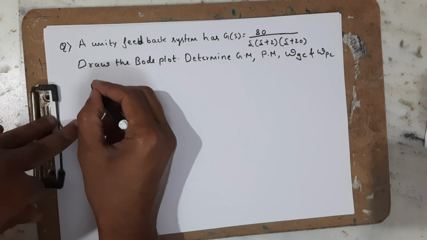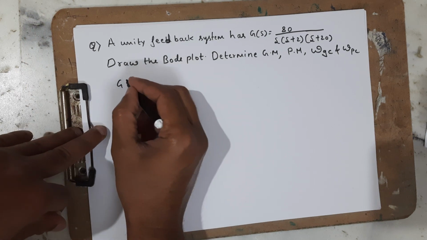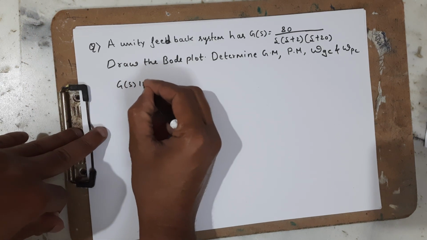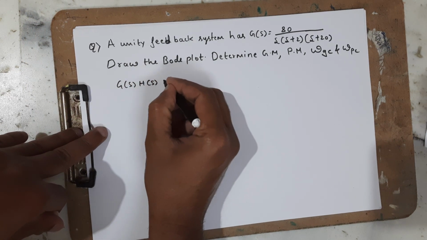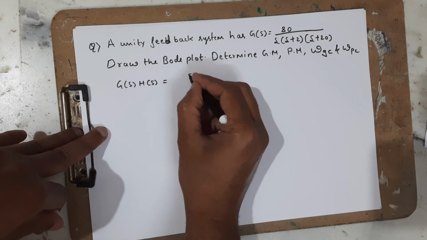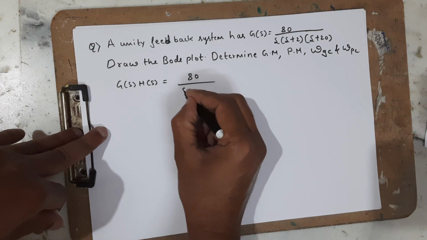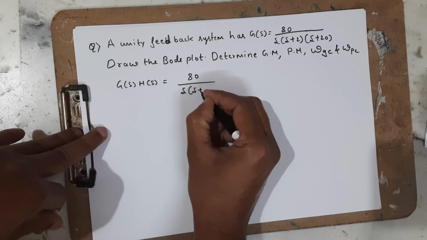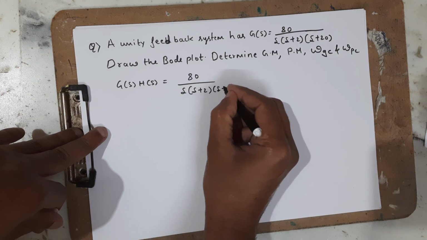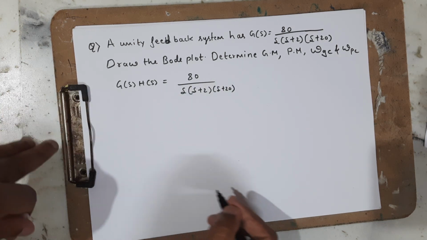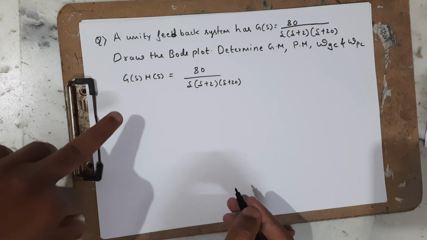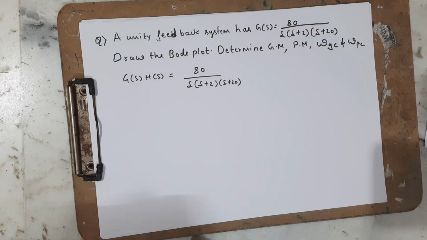Standard form is G(s) H(s) equal to 80 divided by s (s plus 2) (s plus 20). What is step number 1? We are going to convert this standard form to time constant form.